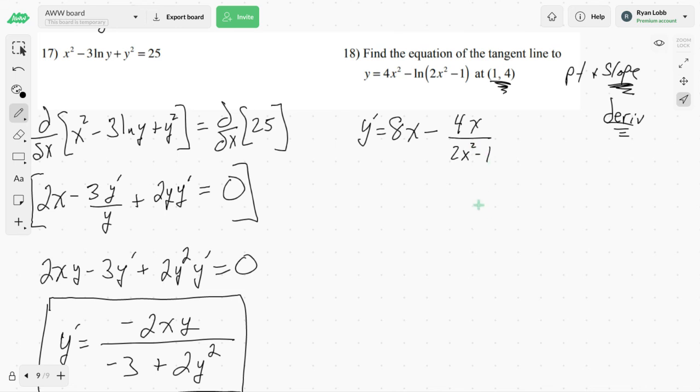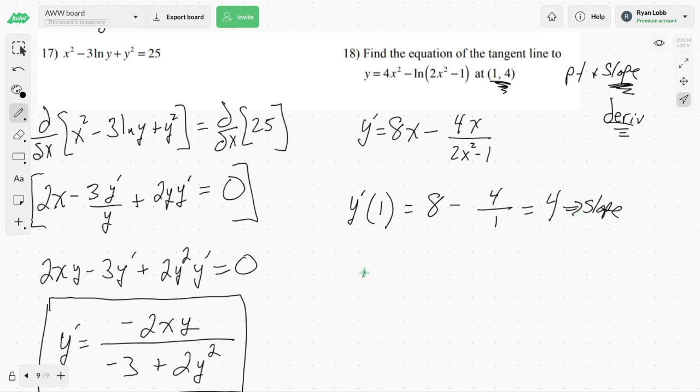2x squared minus 1. Now I got to find the slope, y prime, in this case, just at the x coordinate 1, because my derivative is in terms of just x. So y prime of 1 would be 8 minus 4 over 2 times 1 minus 1, 1, for a grand total of 4. So there's my slope. And I have my point.